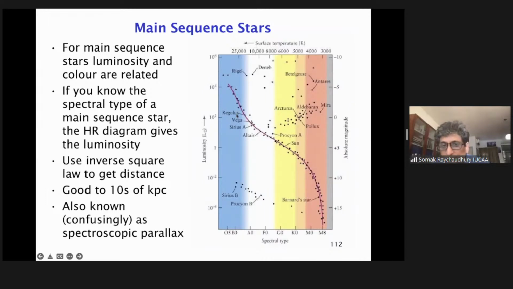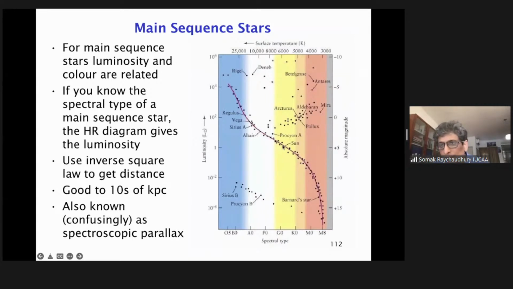Our sun, as you can see, is calibrated such that it has its temperature here, 5,800, as I said, and on the y-axis it is 1, because all these luminosities are a multiple or fraction of the luminosity of the sun. So the sun is 1 here, so these things are 100 times the sun's luminosity, these things are 10,000 times the sun's luminosity, etc. Okay?